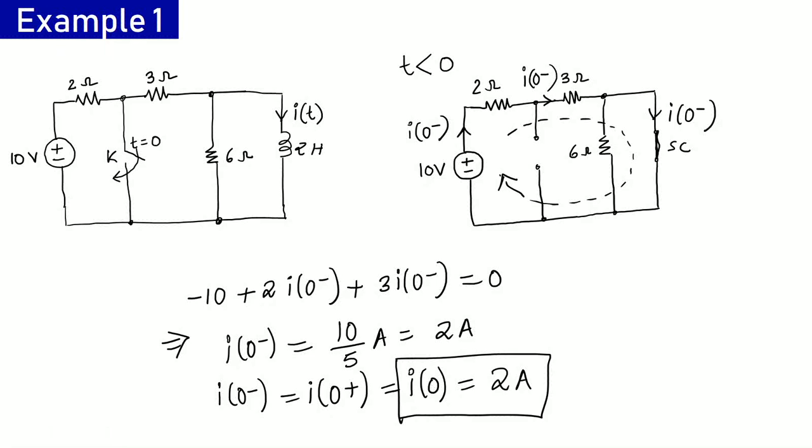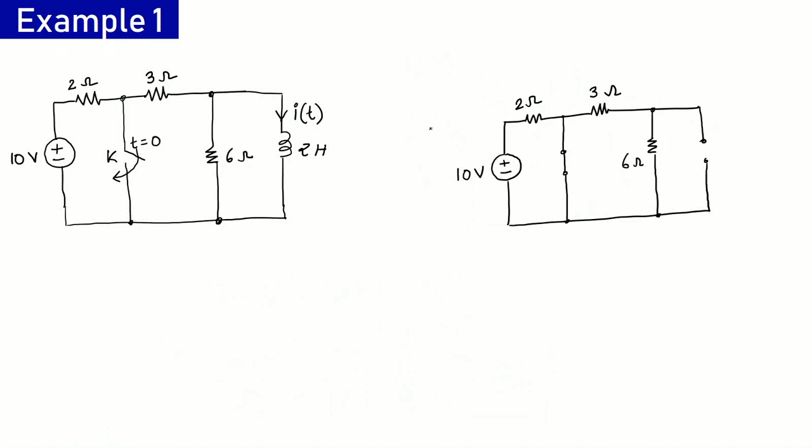Now we are required to calculate i at infinity. So once again, I'll draw the equivalent circuit when the time t is tending to infinity. Under these conditions, this switch was on for a long time, and once again this inductor will act like a short circuit. So I am calling this current I infinity. Let us analyze this circuit and calculate its value. This resistance 6 ohm will be bypassed because it is short circuited. So this current will come from the 3 ohm resistance.